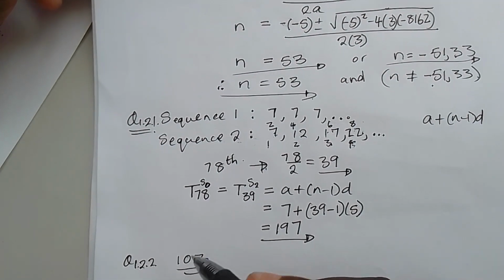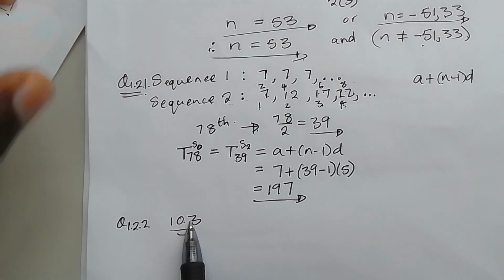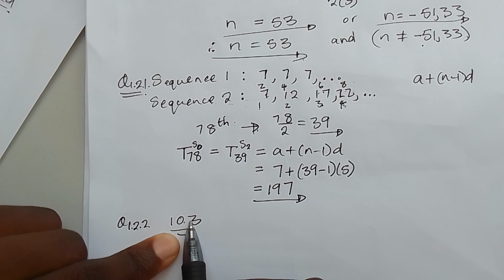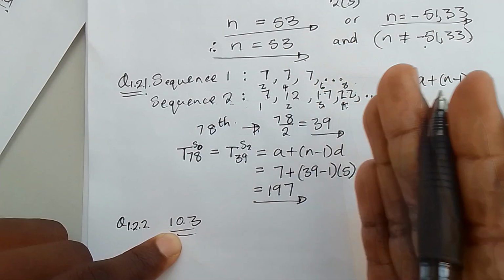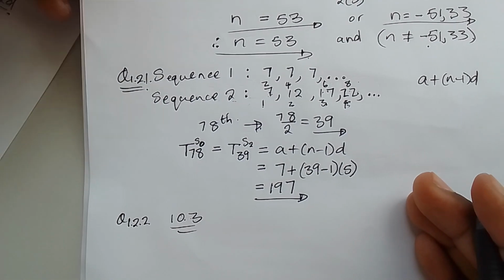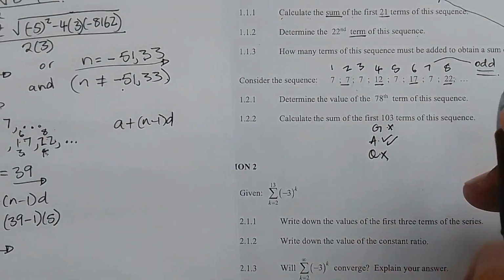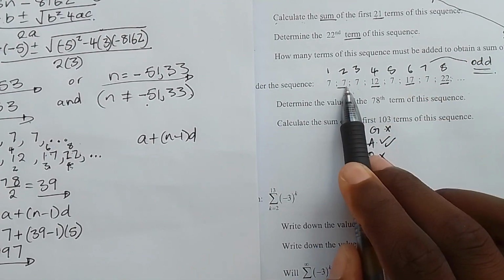Now, this is an odd number, which means that the last term will be a 7. It will be in the sequence that has 7, 7, 7, because I said all odd number value of terms are 7. So it will be in the 7 one.